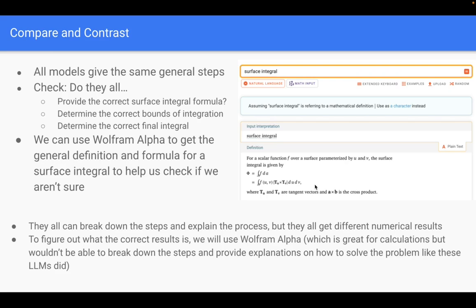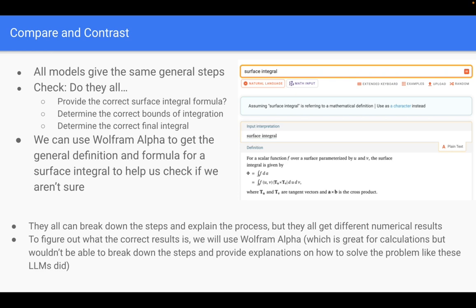All of the examples from the outputs that we were given also calculate those partial derivatives. The surface element, dA, is then computed through the magnitude of the cross product of those tangent vectors. So that's what this part is right here, and that is where the dA shows up in that equation.